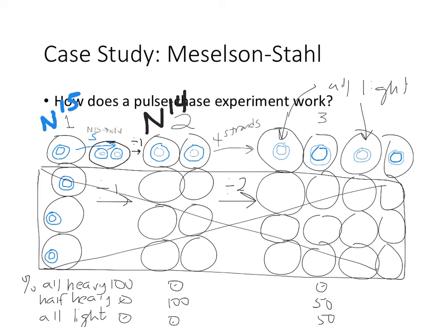So in the transition from the first to the second and the second to the third generation, you go from 100% of your chromosomes having only heavy nitrogen to 0 chromosomes still being all heavy. That happened in the first generation, actually. So this is what Meselson and Stahl expected to see with semi-conservative replication.